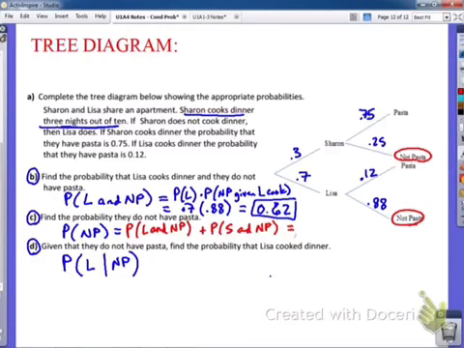So this is equal to, for Lisa, 0.7 times 0.88 plus, for Sharon, 0.3 times 0.25. And in your calculators, I have 0.69.